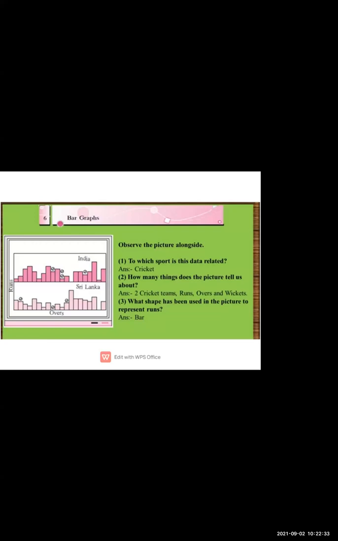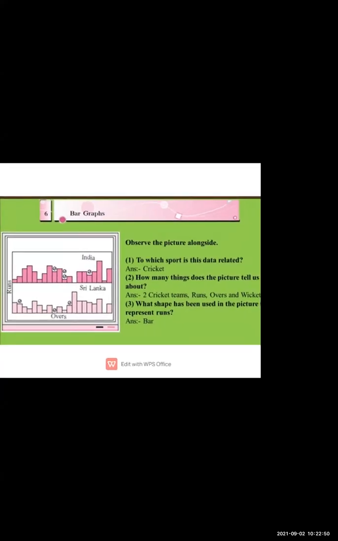Now see, here a picture is given, and along the picture some questions are there. You have to observe that picture and give the answer. The picture alongside. First, observe the picture. It is showing two country names, India and Sri Lanka.